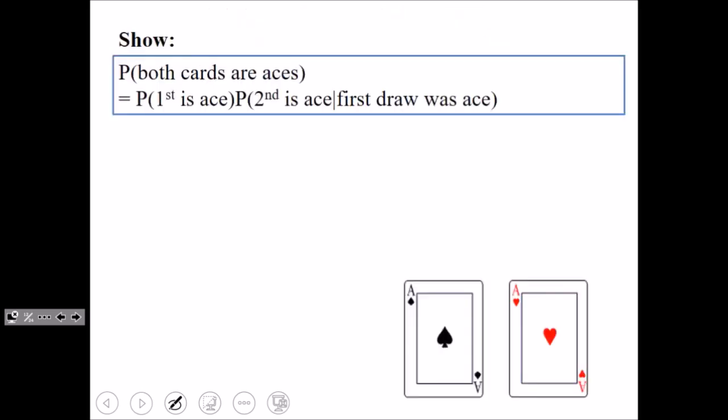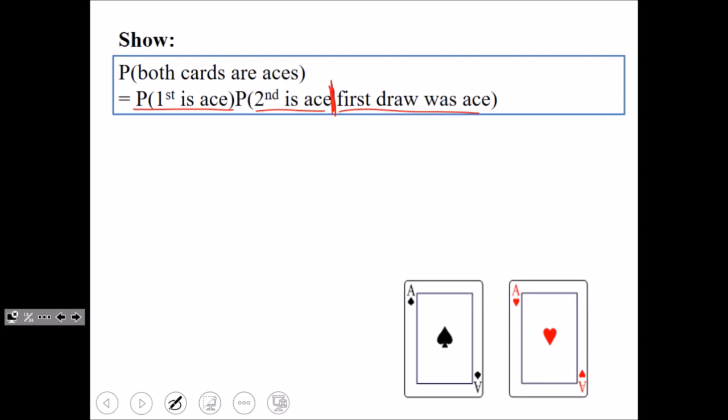I want to show my work. What's the probability both cards are aces? Well, the only way that happens is if the first card had to have been an ace. Otherwise, they're not both going to be aces. So for the second card, what's the chance it's an ace given the first card was an ace? Because if both of these don't happen, then I can't get 2 aces. So what is the chance the first card I get is an ace? Again, think about a deck of cards.